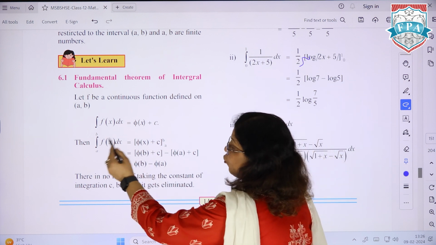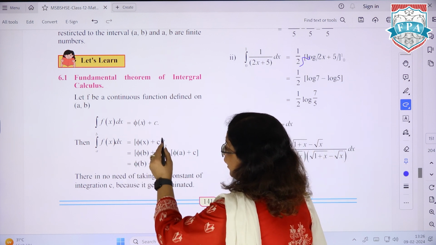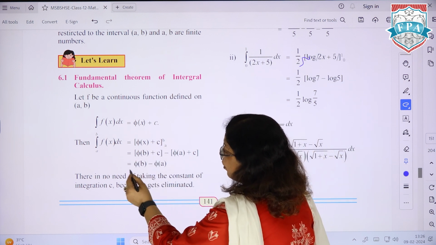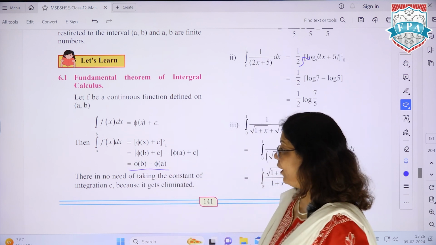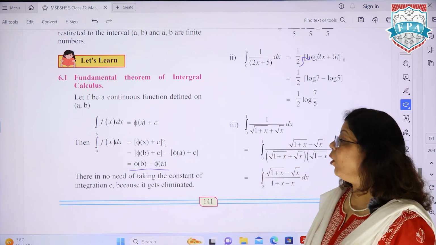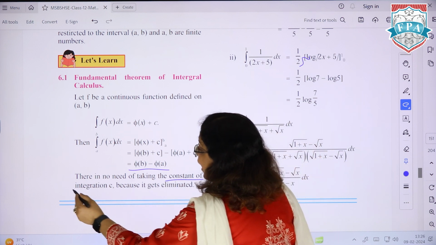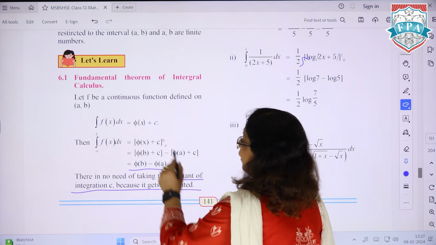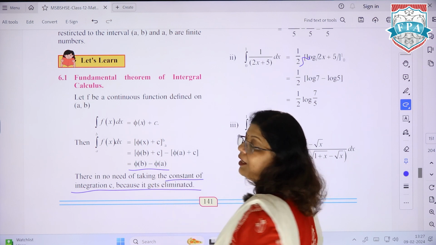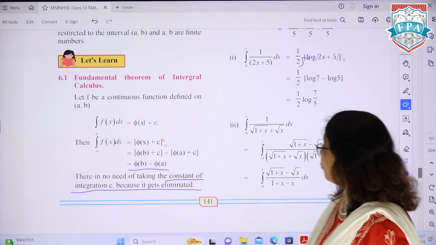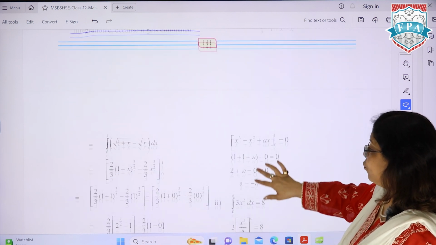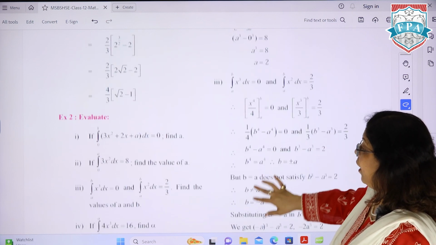So if it is a to b fx dx, then put a, b over there and substitute the value of F(b) minus F(a), and here we won't be actually taking the constant of integration, as even if you take it, it will get eliminated in the scenario. So you will be getting a fixed answer.